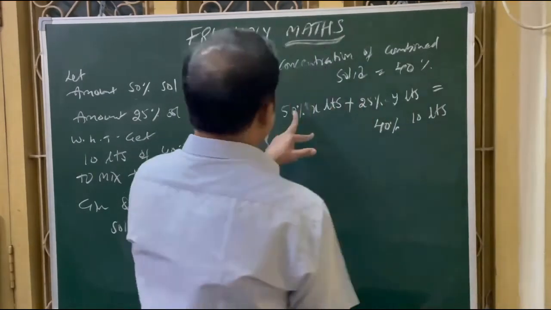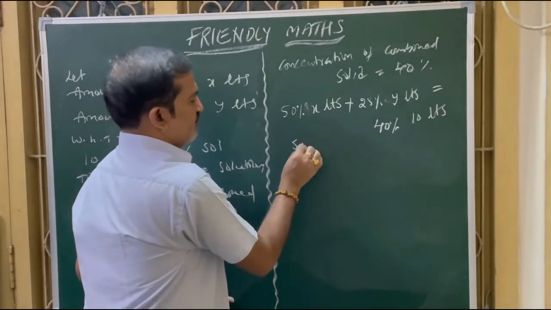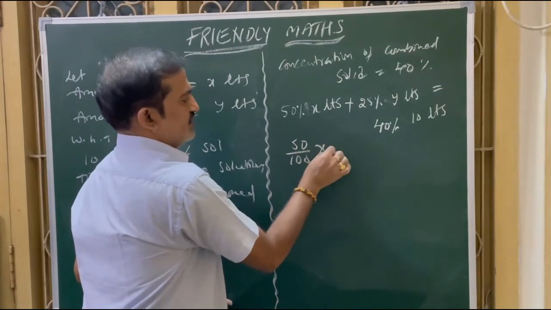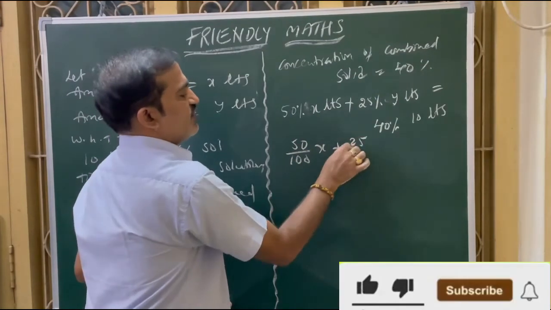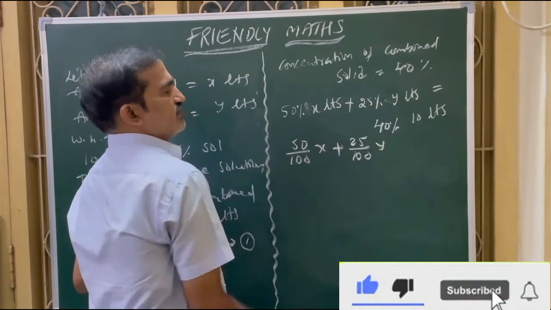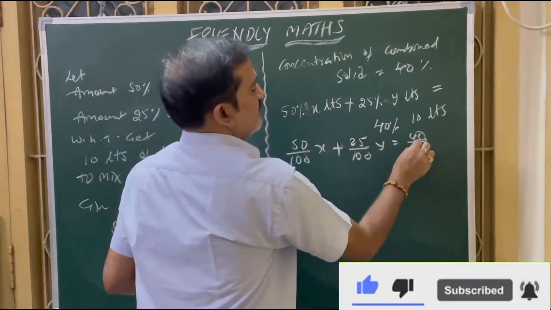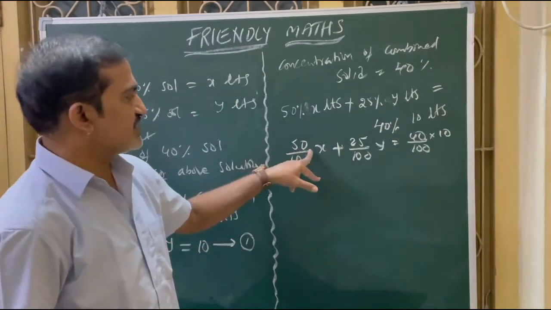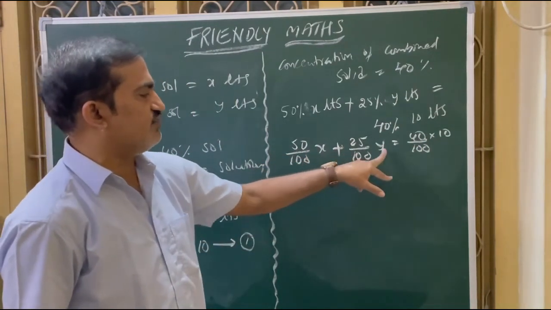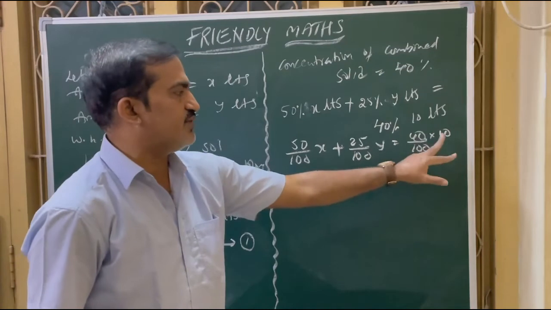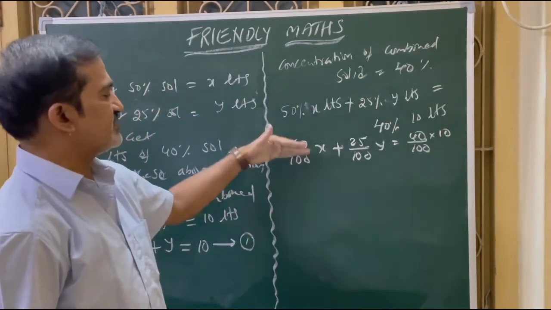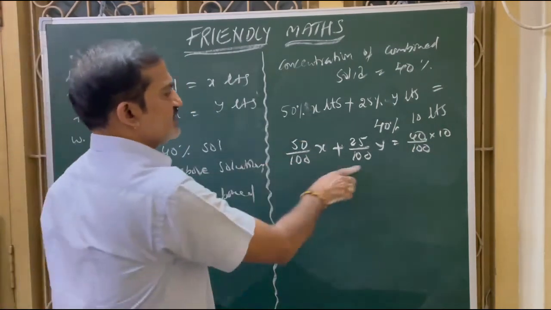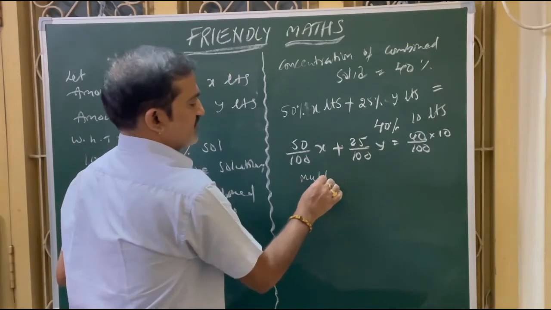Now, eliminate this percentage, then what are you getting? 50 by 100 x plus 25 by 100 y is equal to 40 by 100 into 10. This much percentage of X liters, this much percentage of Y liters is equal to 40% of 10 liters. I eliminated percentage, that's why you are getting 100. To eliminate this 100, multiply by 100 first.